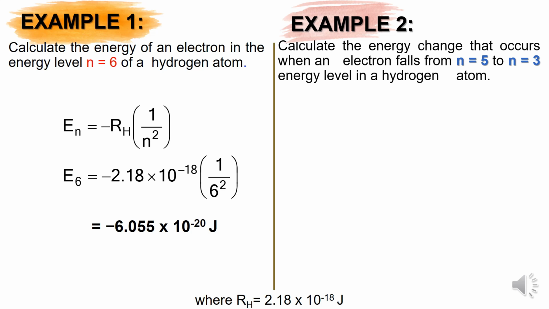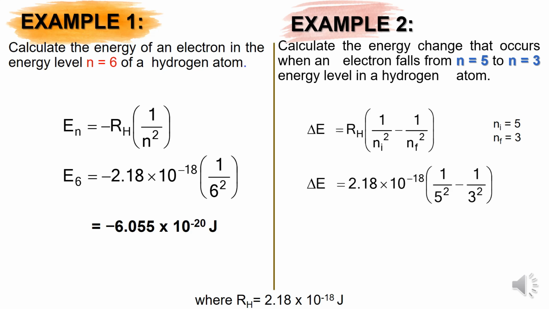Next example is to calculate the energy change that occurs when an electron makes a transition. The question is, calculate the energy change that occurs when an electron falls from n equals 5 to n equals 3. So we use the formula delta E equals RH times 1 over Ni squared minus 1 over Nf squared, where Ni equals 5 and Nf equals 3.